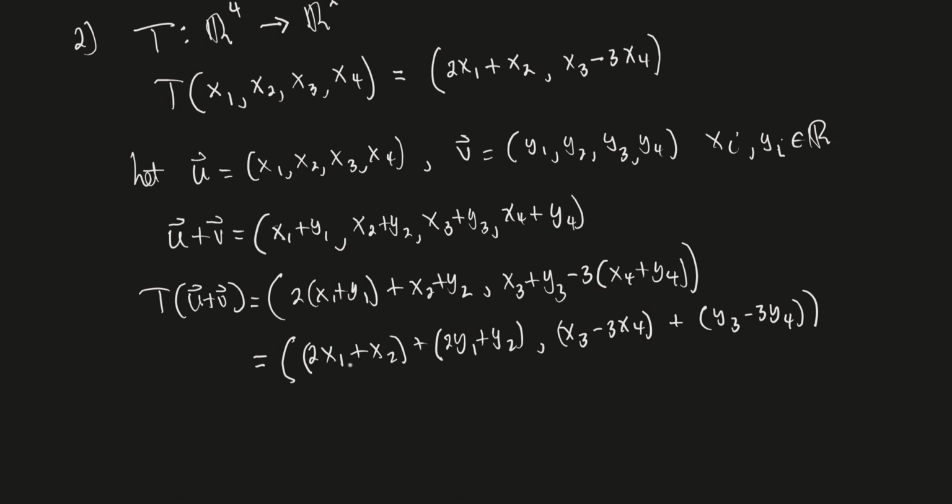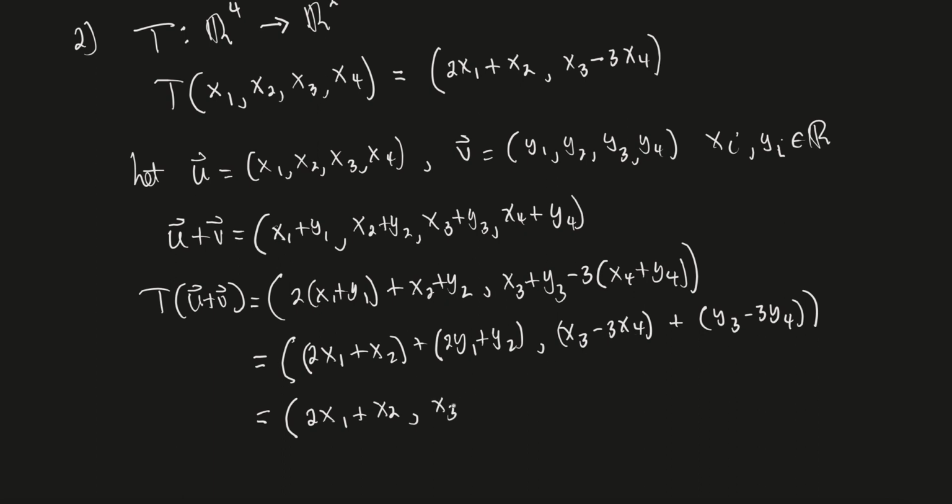But because this is a vector, and because of my vector algebra, I can write this big vector as, so now I'm going to separate the x's in their own special vector. So in other words, I'm going to take this and put it in the first component here: 2x1 + x2, and then comma, and then again take the x3 minus 3x4 and put that here.